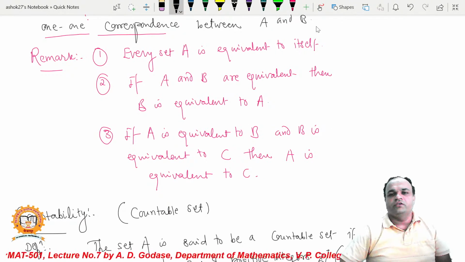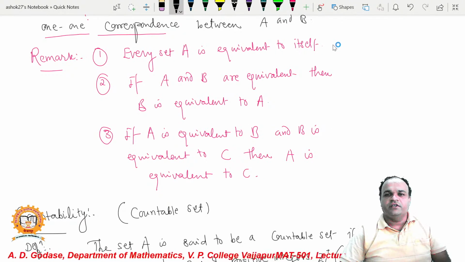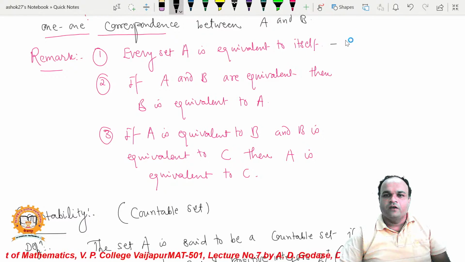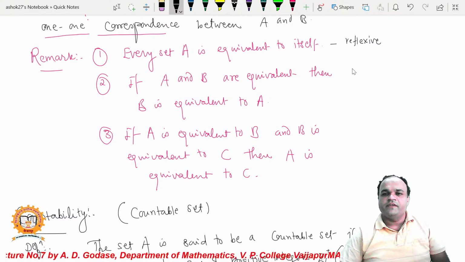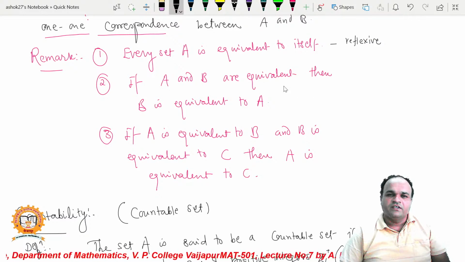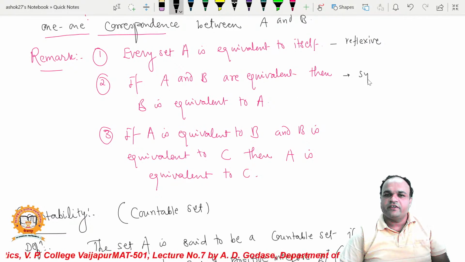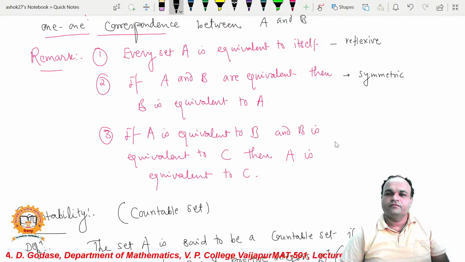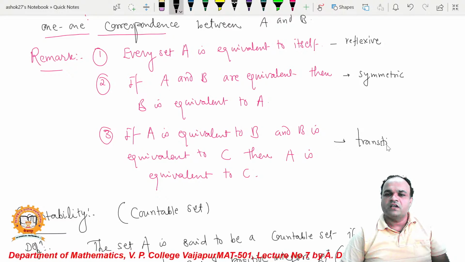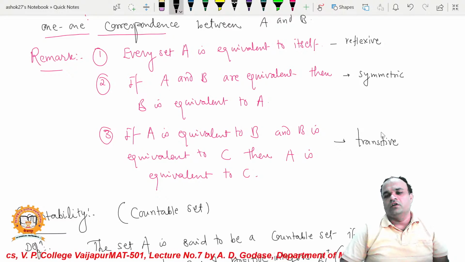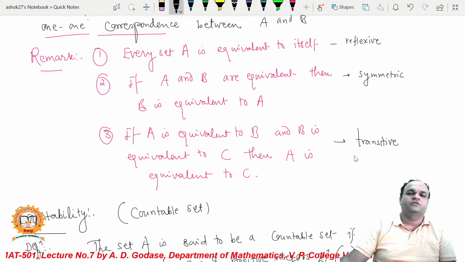So actually, the first remark is called the reflexive property. Second, it is symmetric. And third, it is transitive, or transitivity, the transitive property of a relation.